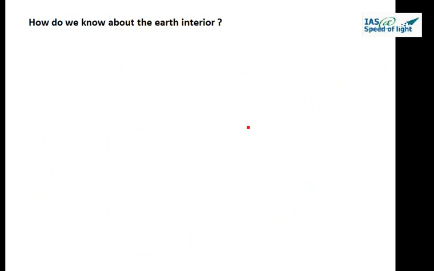Now comes a very important part: how do we know about the Earth's interior? The first thing we need to understand is seismic waves, or we can also call them earthquake waves.